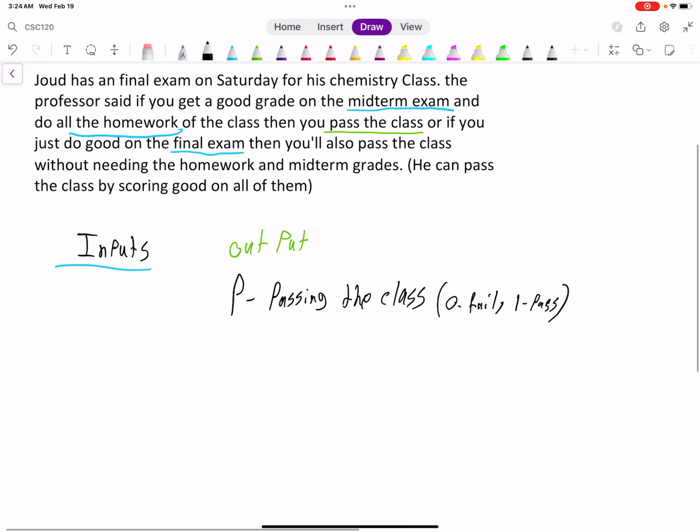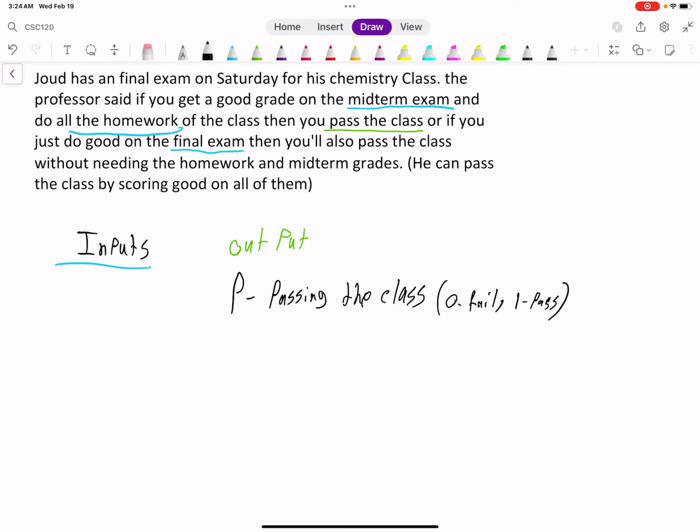So for our inputs, I'm going to say homework. H is for did all the homework, and the midterm, did good on the midterm.